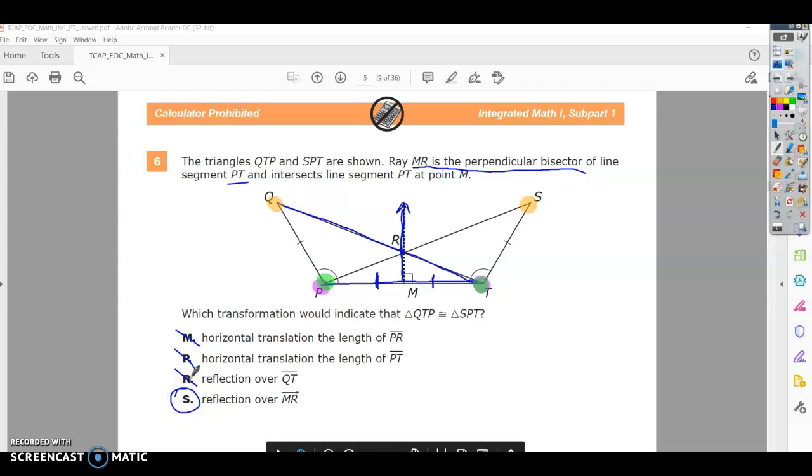So reflection over ray MR would show that triangle QTP is congruent to SPT. So your answer for number 6 is S.